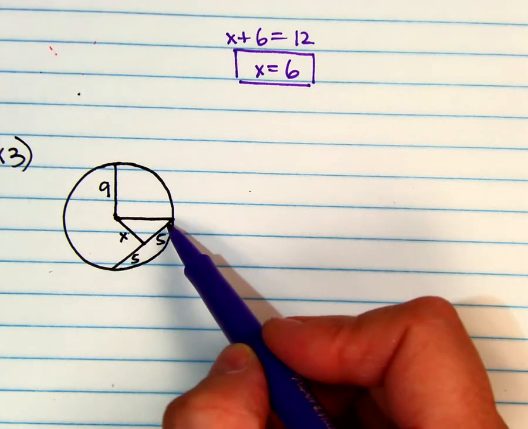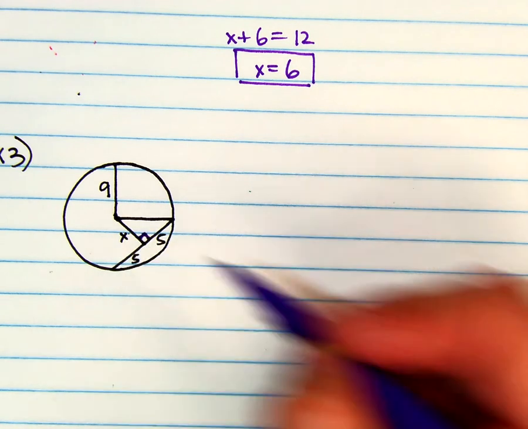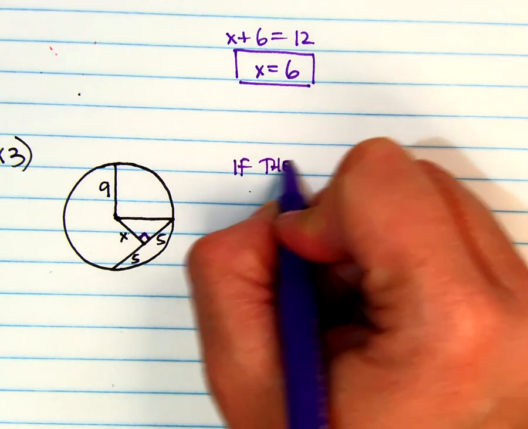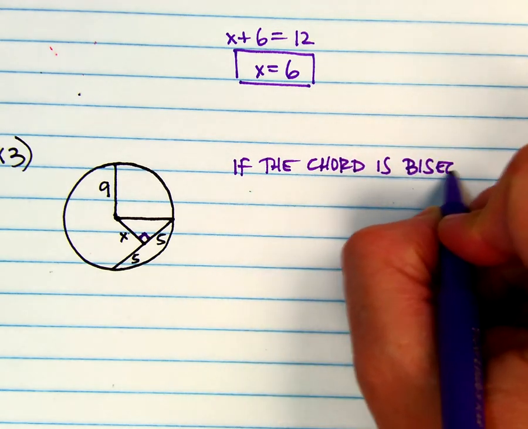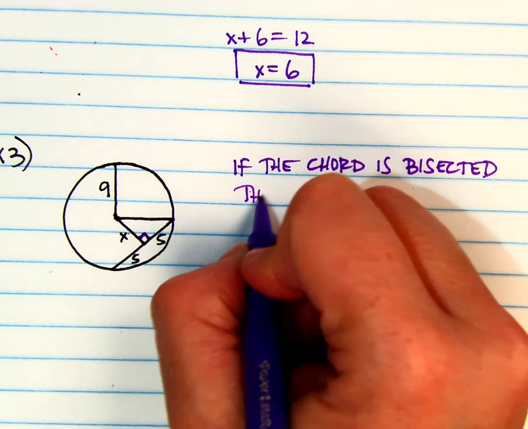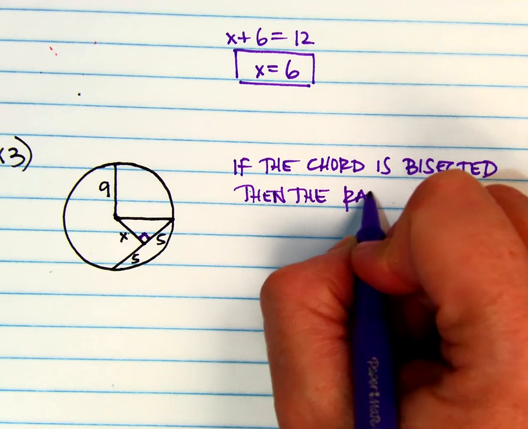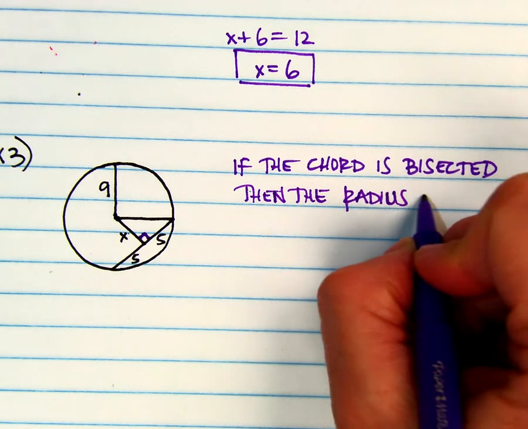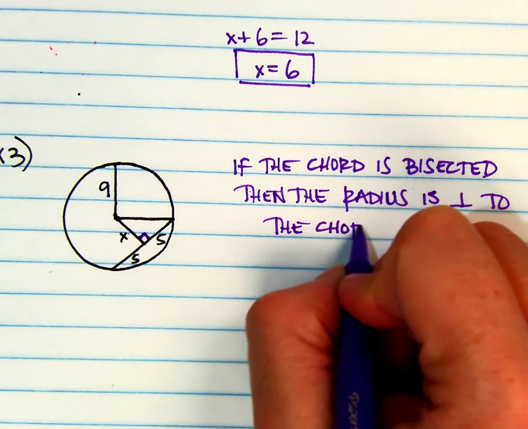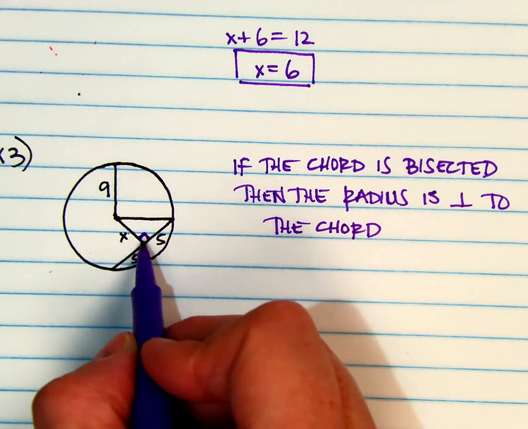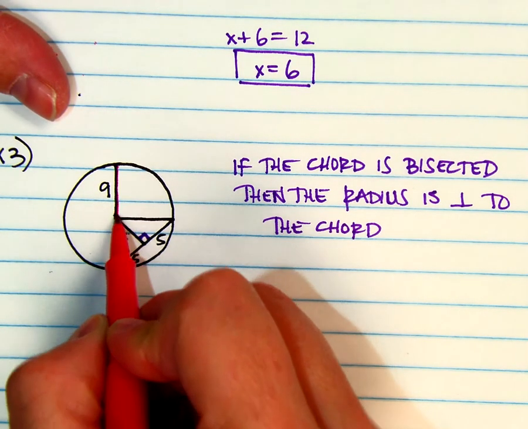If this is bisected, then we know that this is perpendicular. Okay, so if the chord is bisected, then the radius is perpendicular to the chord. So 5 and 5, which means it's perpendicular. Look at my drawing a little bit closer, and this is a radius, well, so is this.